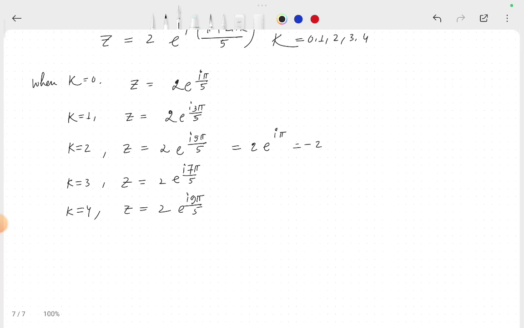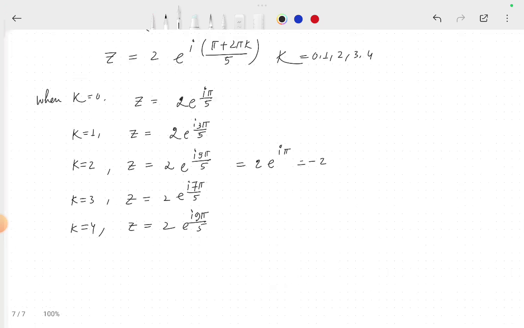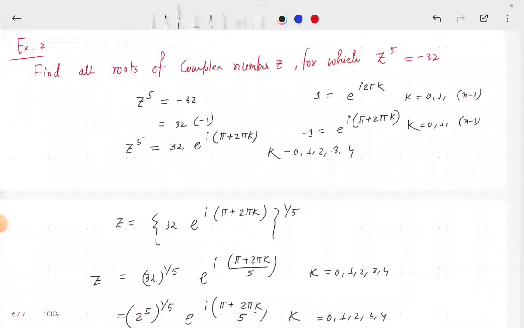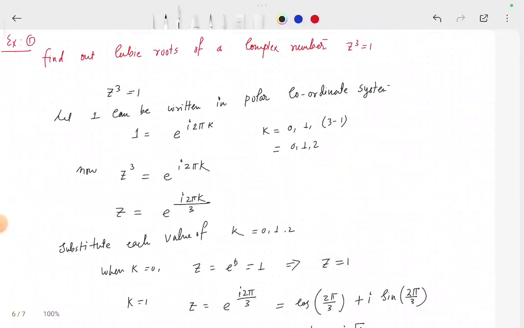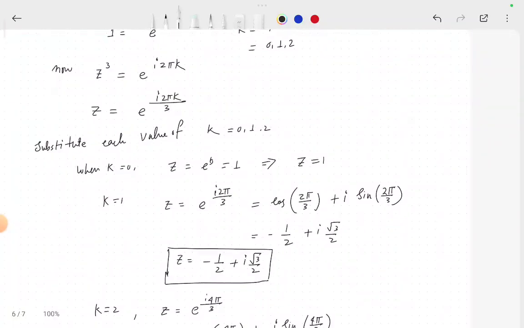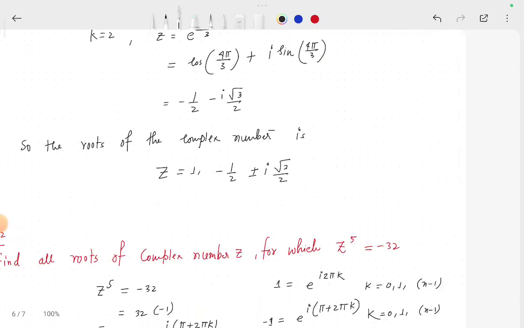This is the way you can calculate the roots of any complex number. I hope you understand the methodology we follow to find the roots of any complex number. Very good.